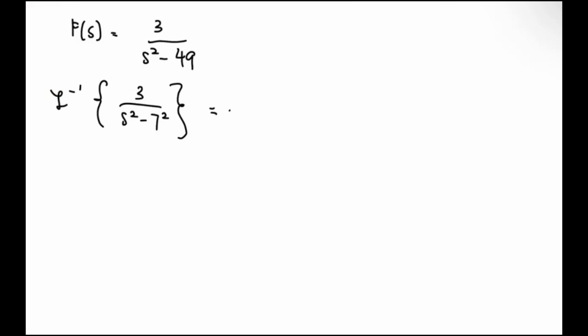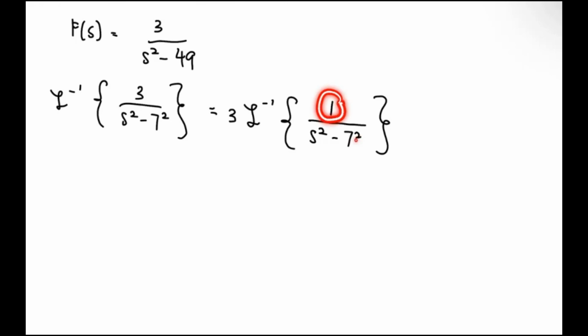So this one is equal to 3 times inverse Laplace of 1 over s squared minus 7 squared. You want the numerator equal to 7, so you multiply by 7 here and divide by 7 here. So now you have 3 over 7 sinh 7t.